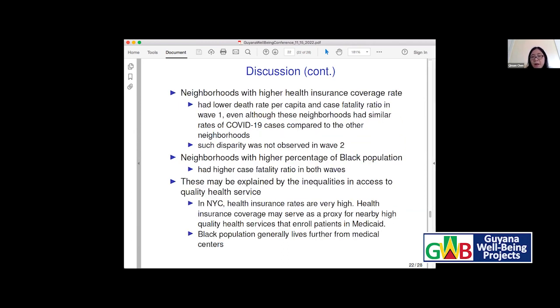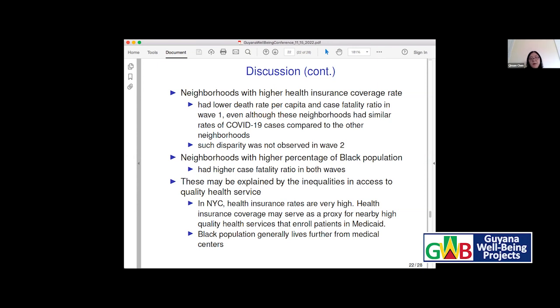Neighborhoods with a higher health insurance coverage rate have a lower death rate per capita and case fatality ratio in wave 1, even though these neighborhoods have a similar rate of COVID-19 cases compared to the other neighborhoods. But such disparity was not observed in wave 2. Neighborhoods with a higher percent of Black population had higher case fatality in both waves.